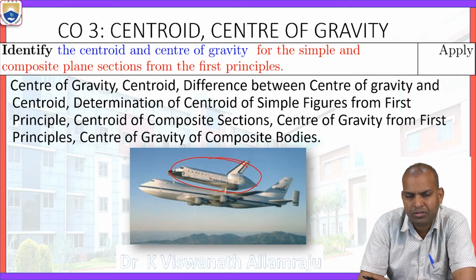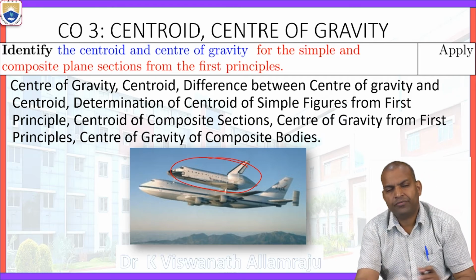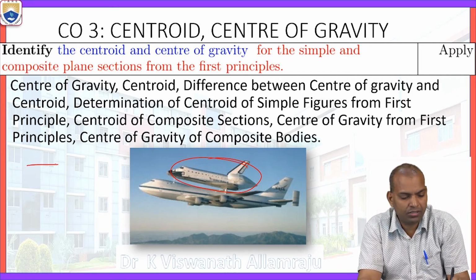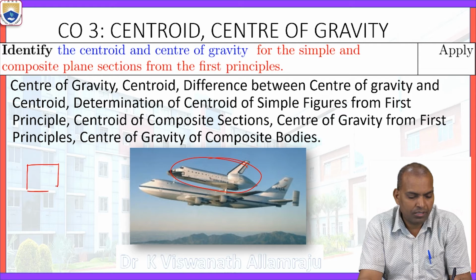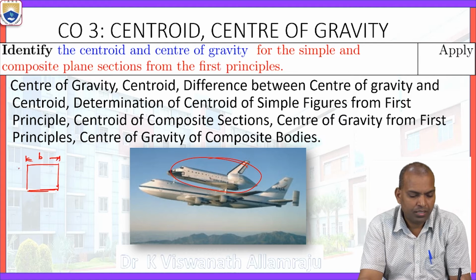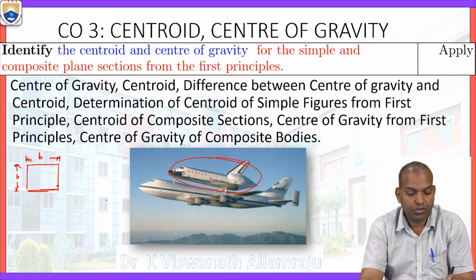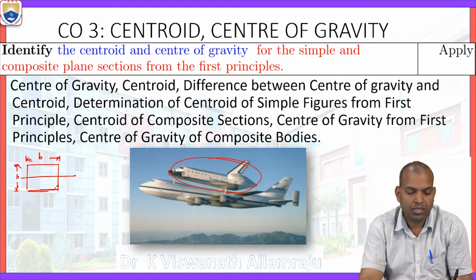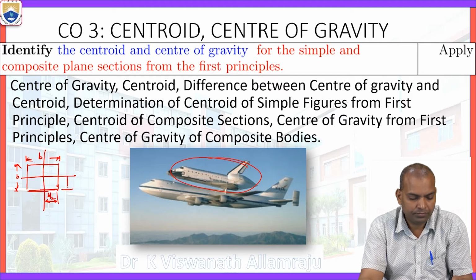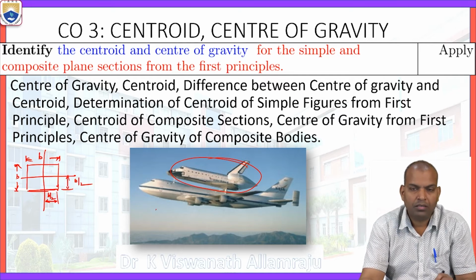To find the centroid of various sections, suppose we consider a square section with all sides B. What is the centroid position? It is B by 2 from each side.